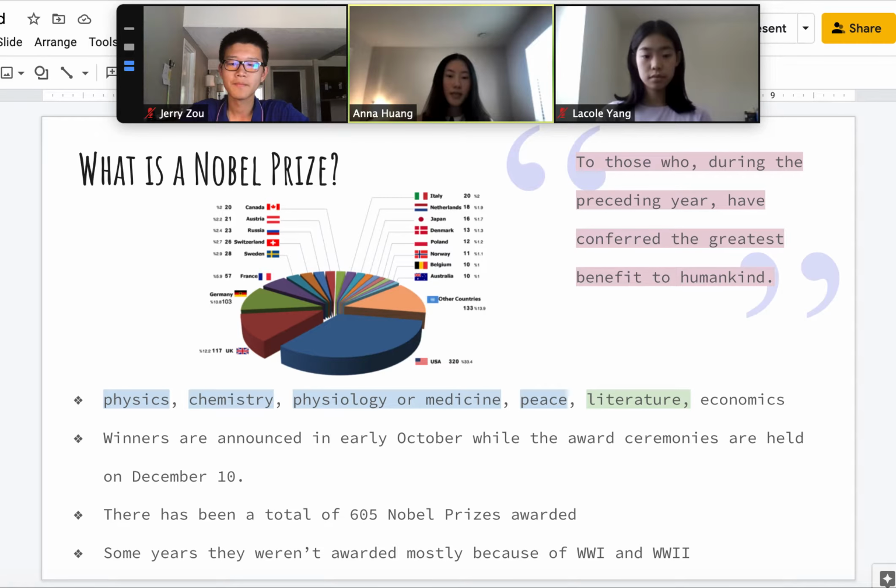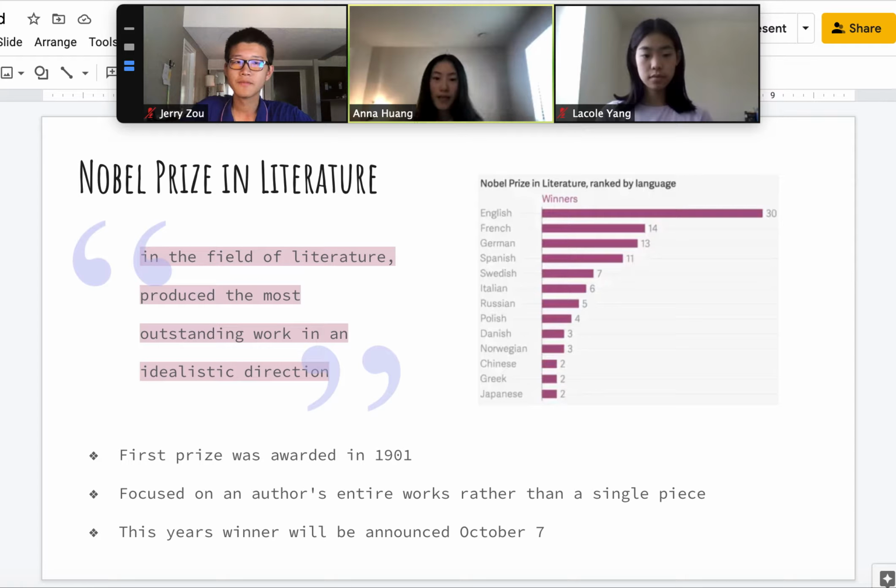And this is a generalization of what a Nobel Prize in Literature winner might represent in their works of art. And this bar graph shows a summary of the Nobel Prize laureates in literature and their languages. And it shows that English has 30. Okay, you can go to the next one.